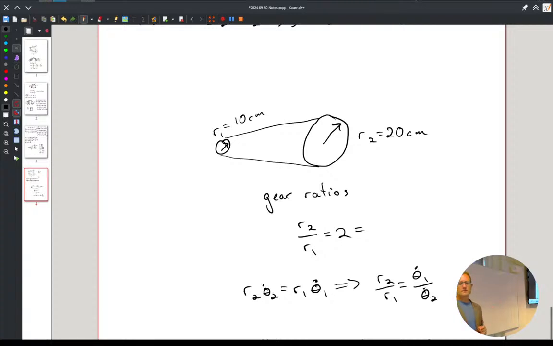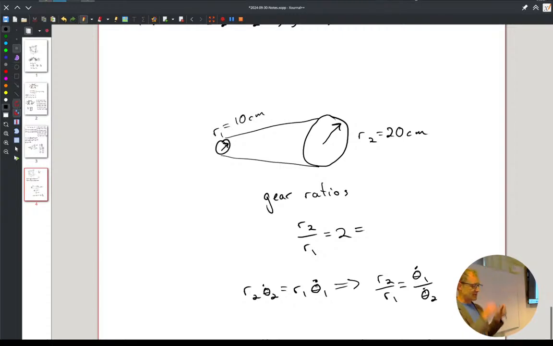Depending on if you're using an internal combustion engine, then your drive side is the 10 centimeter. Output is gearing down. So your engine spins at 1,000 RPM or 2,000 RPM, and your wheels are spinning at now just 500 RPM. The smaller gear moves a lot quicker because for one full rotation of that big gear, the chain has to move the same distance.